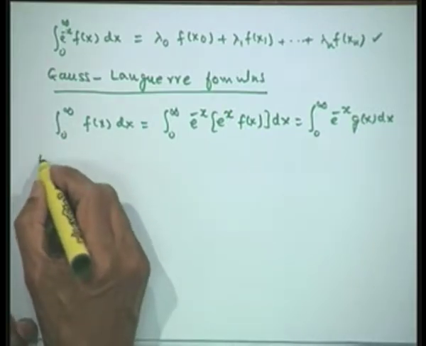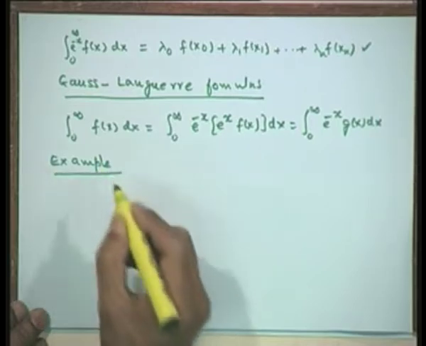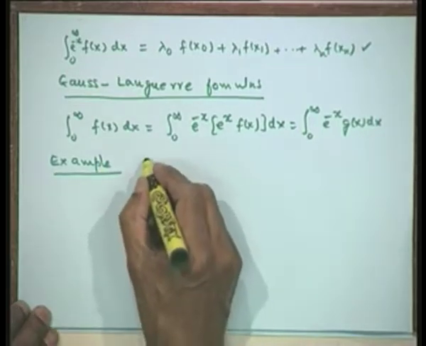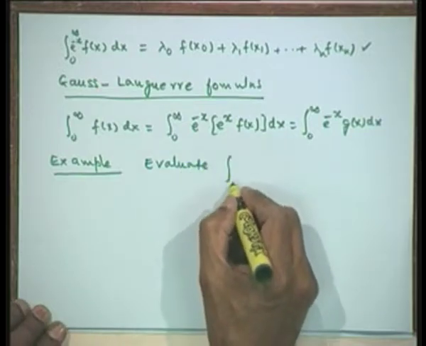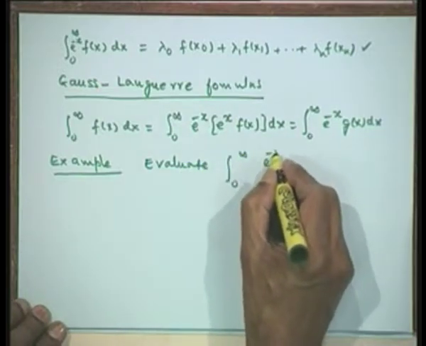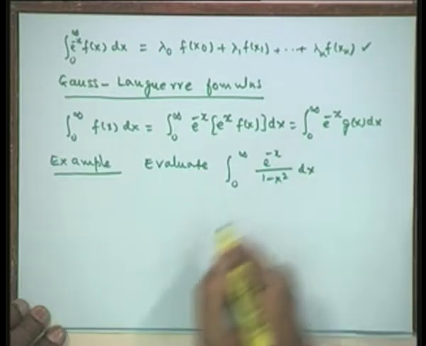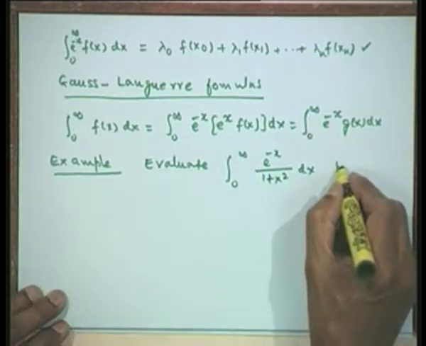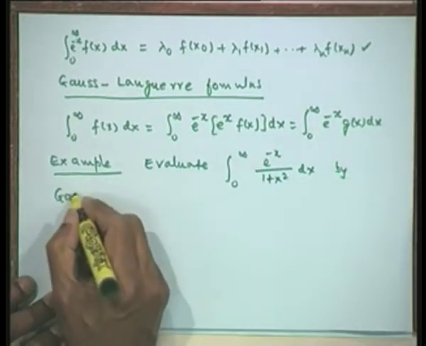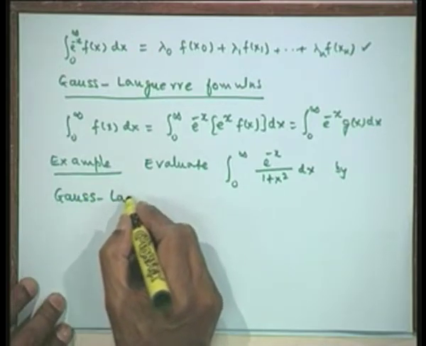Evaluate, let us take a simple example, the integral of exponential of minus x upon 1 plus x squared dx, using the Gauss-Lagrange 2 point formula.